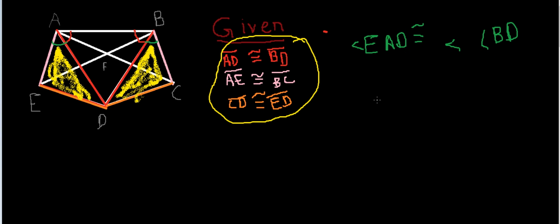And then after we say that, we can use the addition property, which basically states that congruent angles plus congruent angles are equal to a congruent angle.